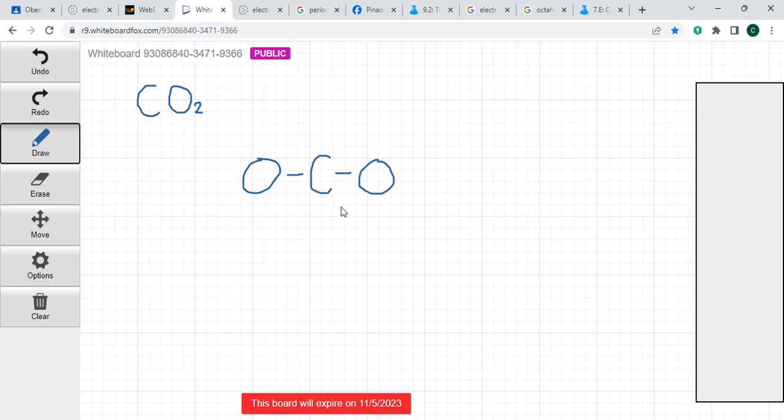Now let's add all the other valence electrons of carbon. Again, the valence electron of carbon is just 4, so here are the other 2. And for oxygen it is 6, so we need to add 5 electrons here to make the total number of valence electrons 6.